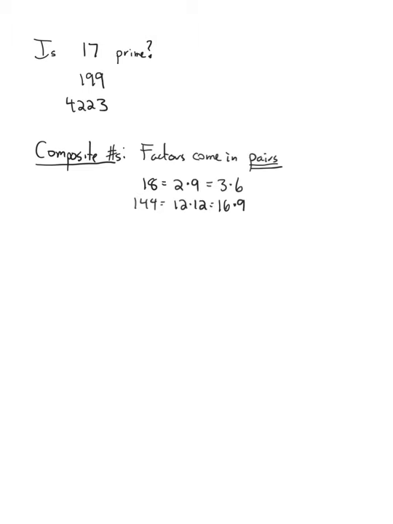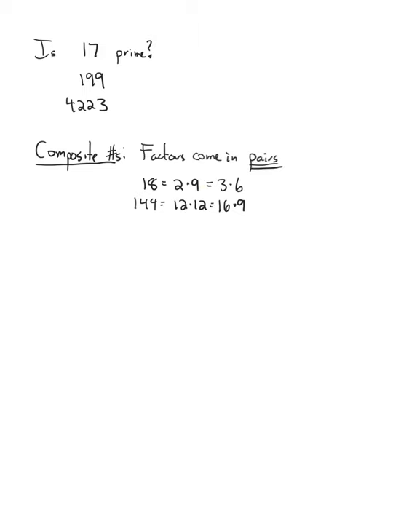Well, if we look at these factors, 12 times 12 is going to be a little bit special case in some sense. So let's leave that for a second. But for the others, there's always going to be one factor that's less than the square root of the number and one factor that's greater.